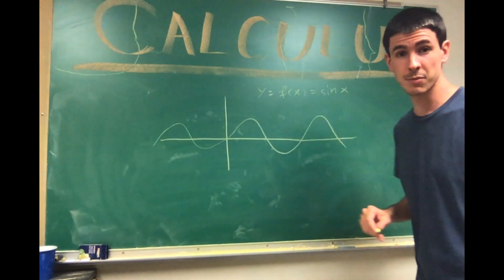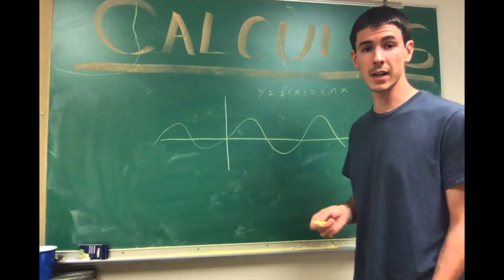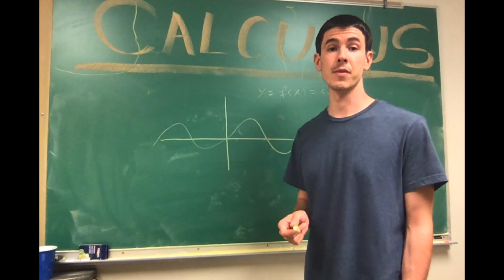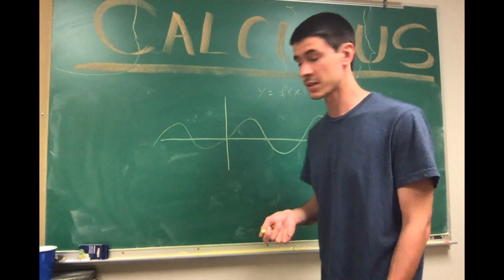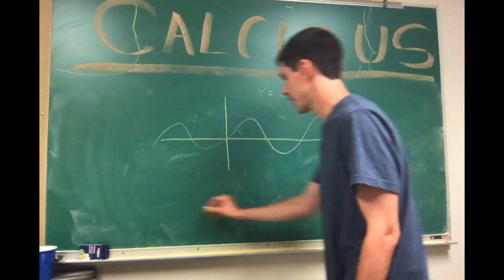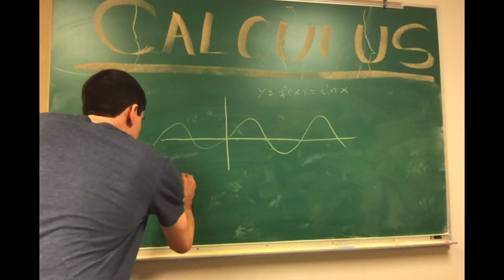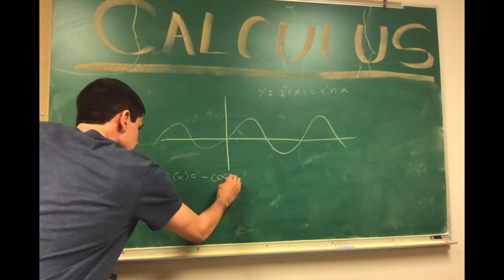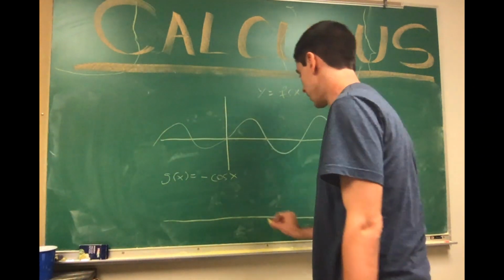Then, well, what's a function with sine of x as its derivative? Well, the derivative of cosine x is negative sine of x. So that would mean that the derivative of negative cosine x is negative negative sine of x, which is sine of x. So if we have g of x equals negative cosine of x, then this is going to be an antiderivative.